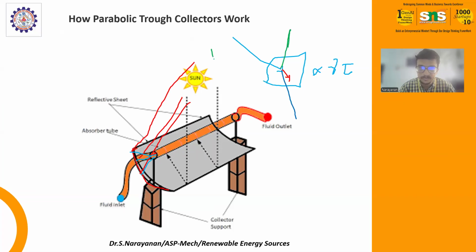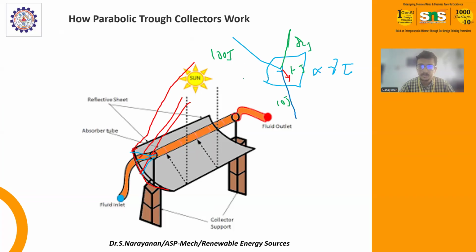If you assume that 100 joules of energy is incident from the sun, some 10 joules is transmitted, another 10 joules is absorbed, and the remaining 80 joules will be reflected.